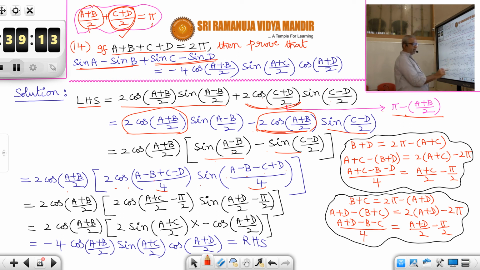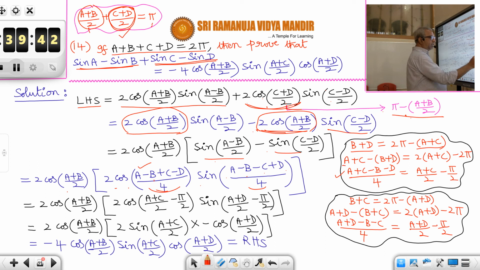To simplify this angle, that is a plus c, so here I am taking that. What is this angle? A plus c minus b minus d by 4. Here a plus c minus d minus b. So first I am taking b plus d. He has given a plus b plus c plus d is equal to 2 pi, is it not? In that, what is b plus d? B plus d is 2 pi minus of a plus c.